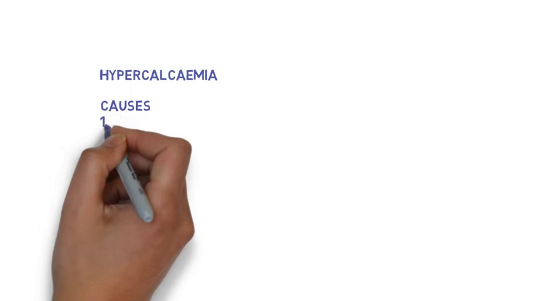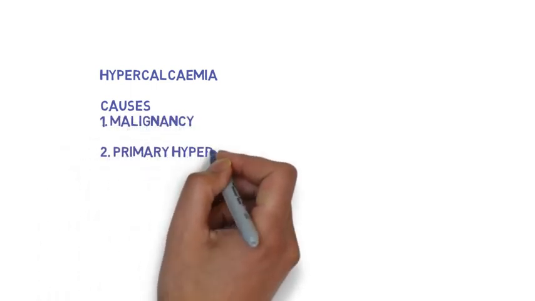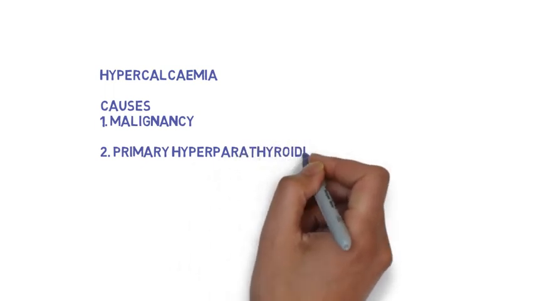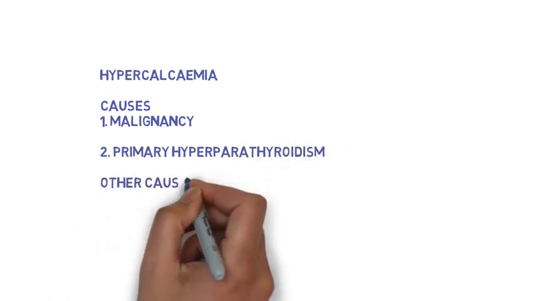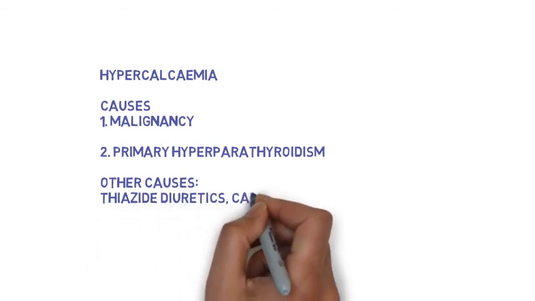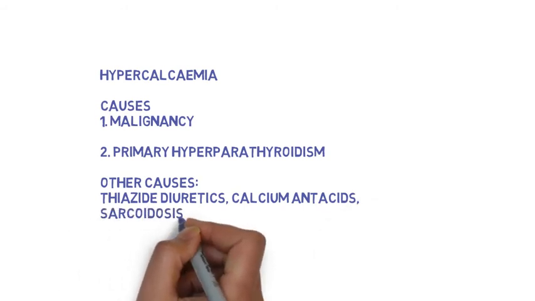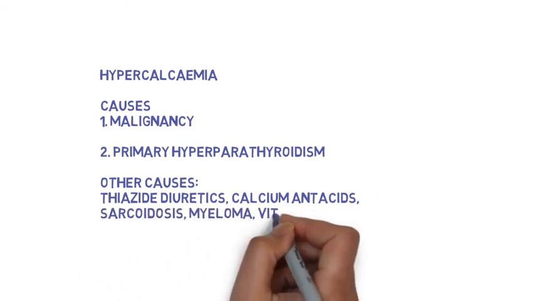So first of all, what is high calcium and what causes it? Well, of course, it's self-explanatory. It's high serum calcium. Well, that means we're looking at the calcium in the blood. And the principal cause is malignancy.